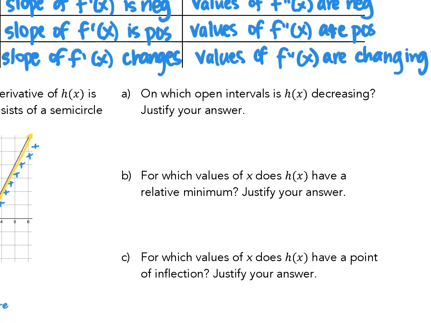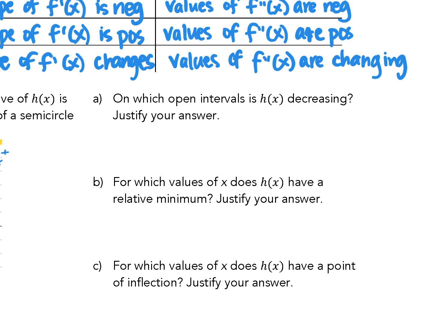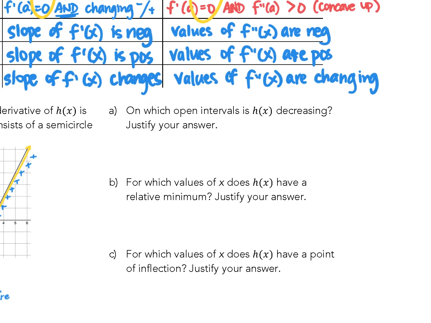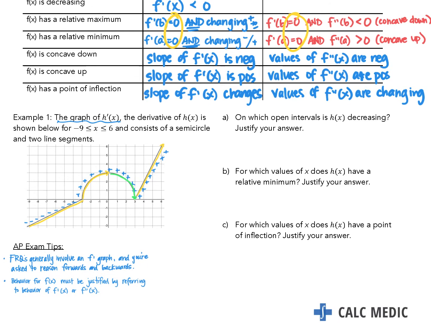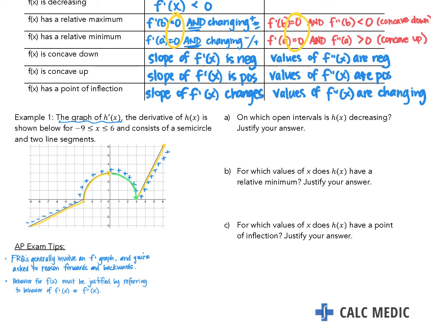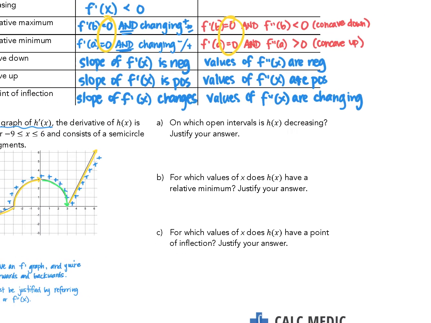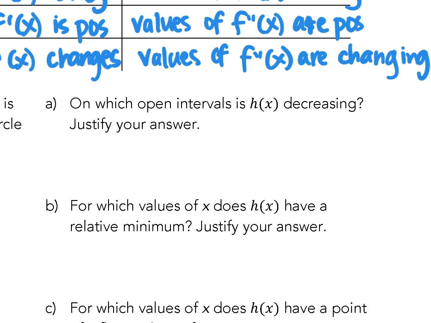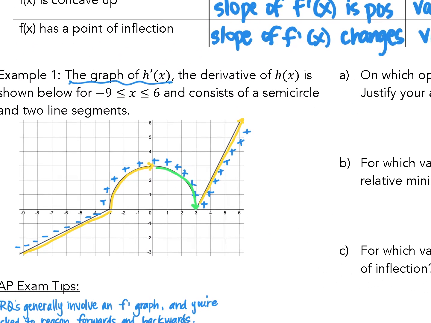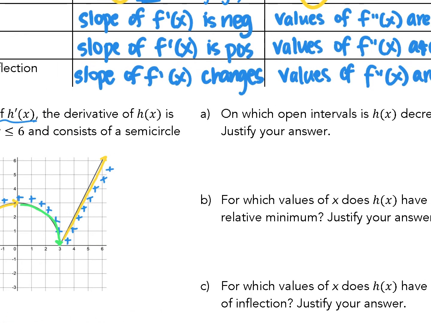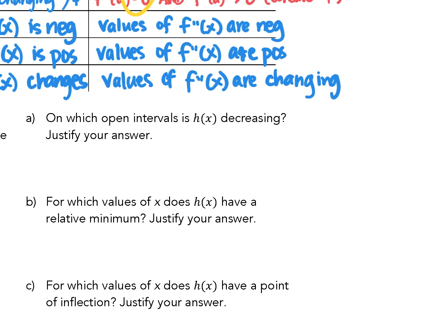All right, so the question, on which open intervals is h of x decreasing? So a decreasing h of x corresponds to negative values for the first derivative. So a concise answer: it changes at -3. So we would say h of x is decreasing.